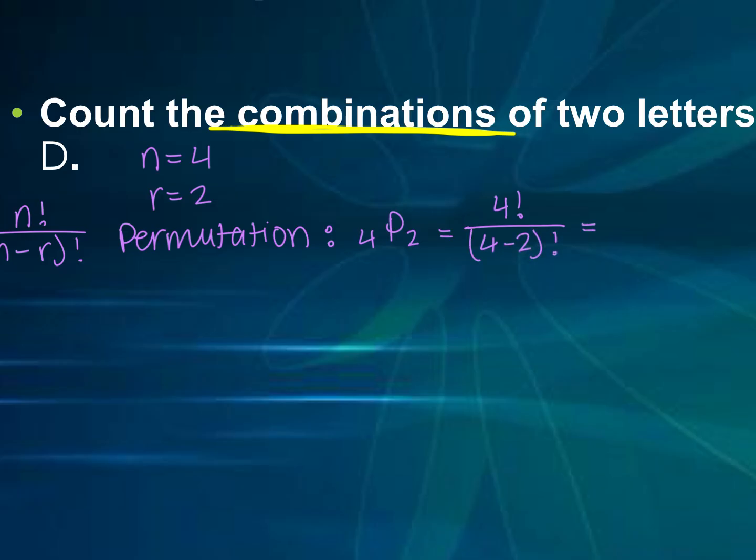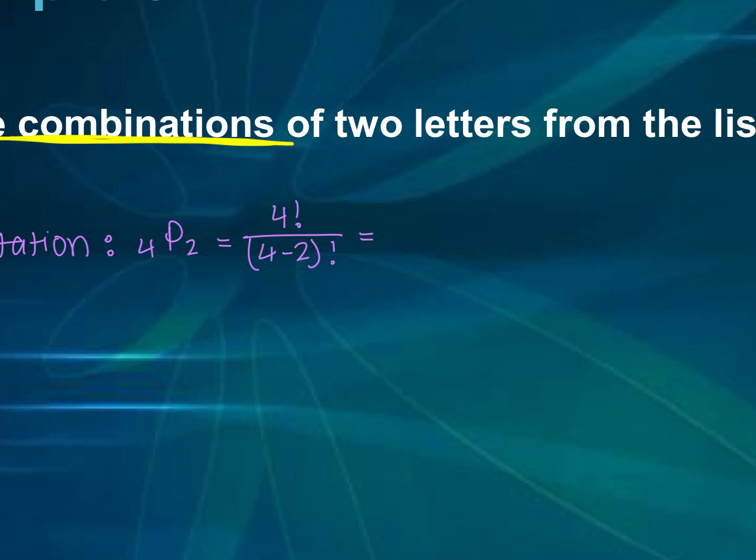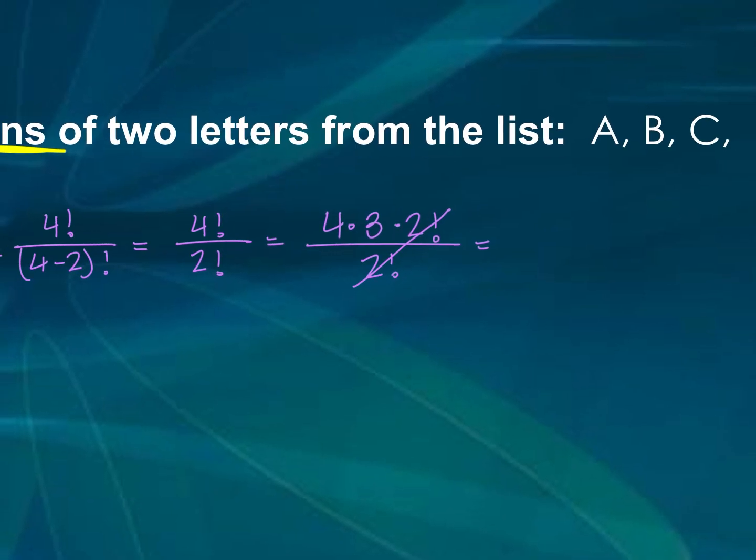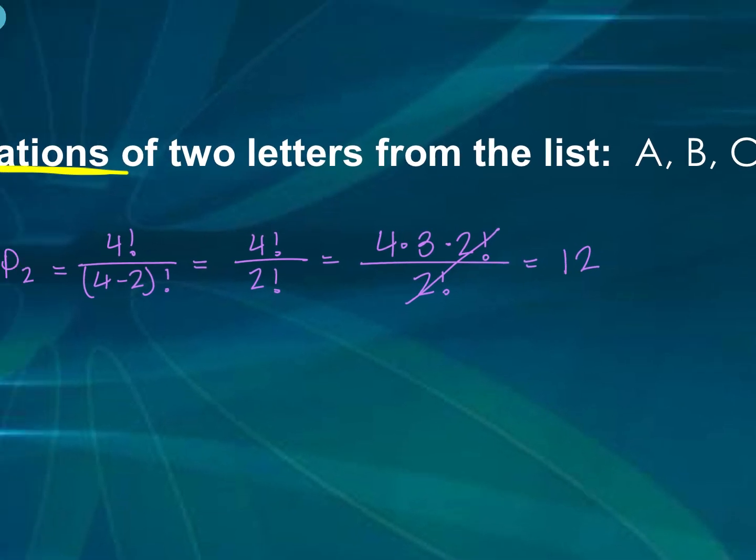Solving it, I have 4 factorial over 2 factorial. Writing it out, I have 4 times 3 times 2 factorial over 2 factorial. My 2 factorials are going to cancel out, and all I have to do is multiply 4 times 3, which gives me 12. So this is what we did yesterday.